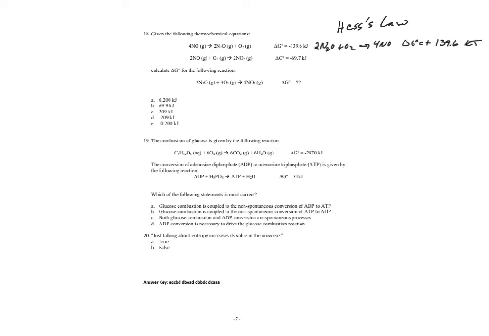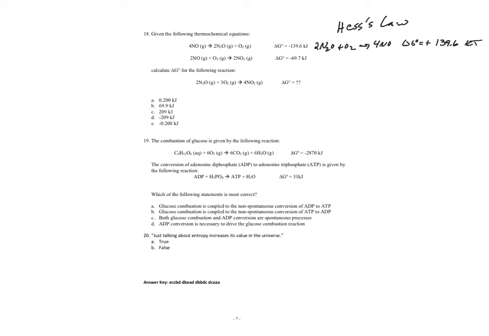All right, in my target reaction down here, I need NO2 on the product side. Notice NO2 only shows up in this bottom reaction, but it has a coefficient of 2 in that reaction, and I need it to be a 4. So I can do that.